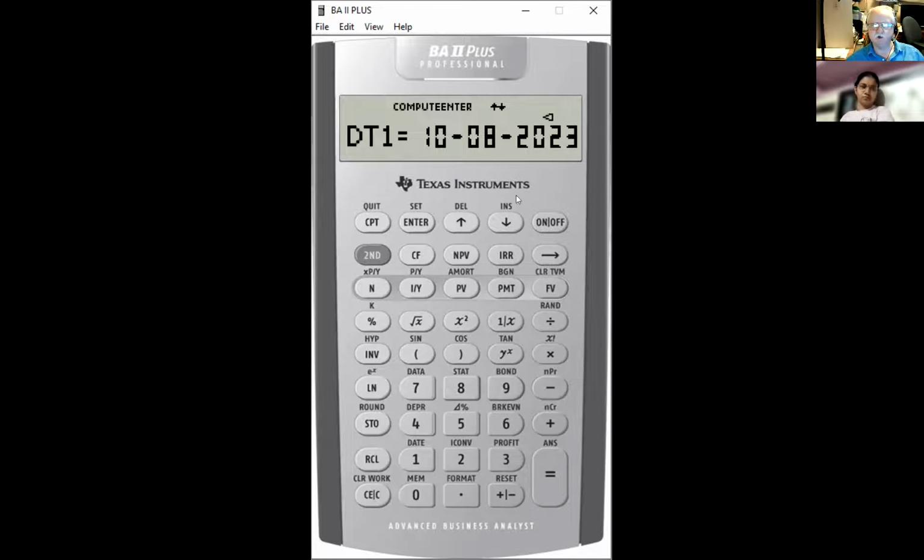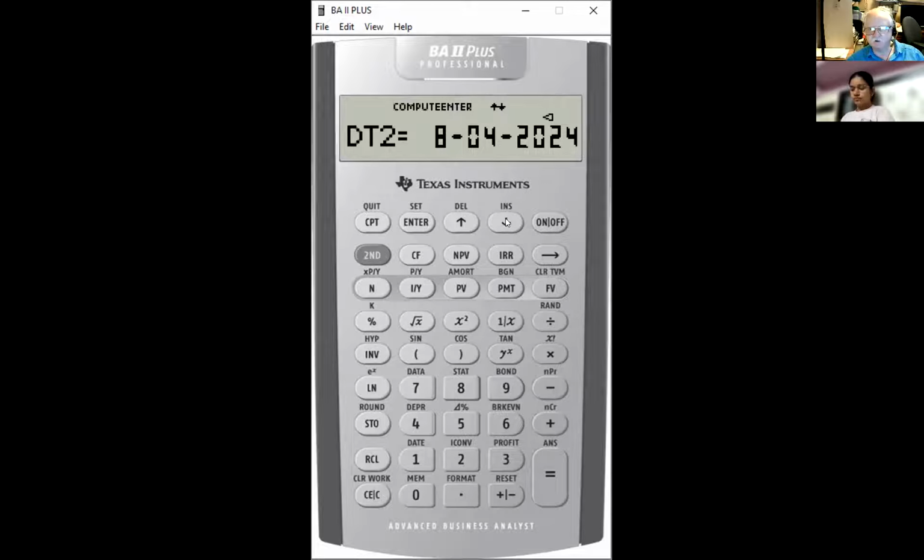That's DT1. Then hit the down arrow, and it has whatever was the last thing you put in it, but you can ignore that. We want the 8th month dot, the 4th day, so 04, but now we're going for the year 2024, but we can only put in the 24. Go enter. So there we can see the 8th month, the 4th day of 2024.